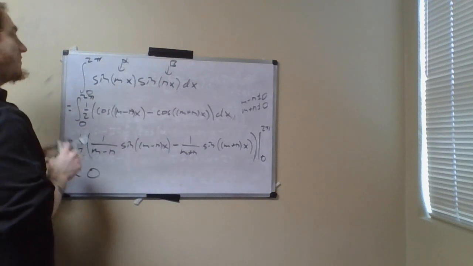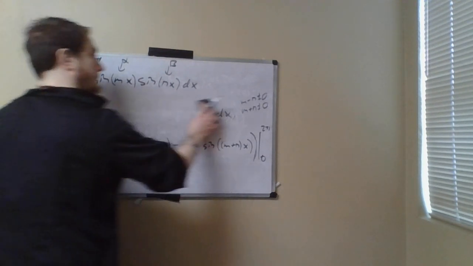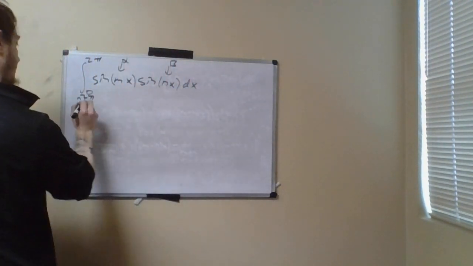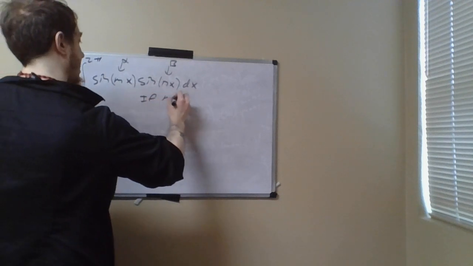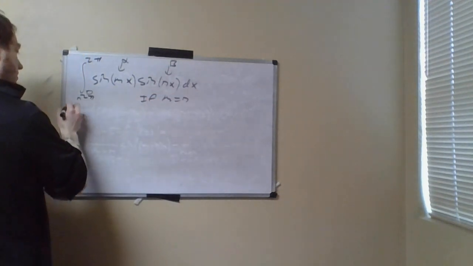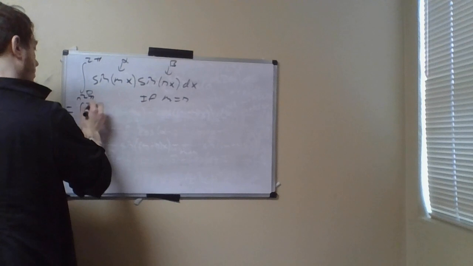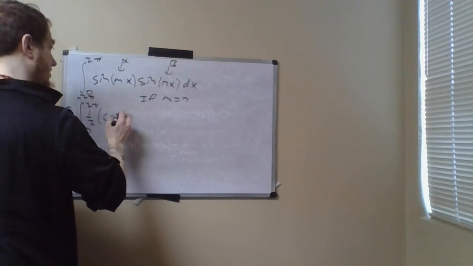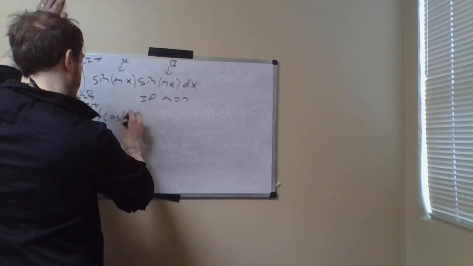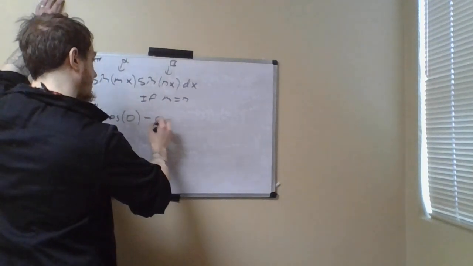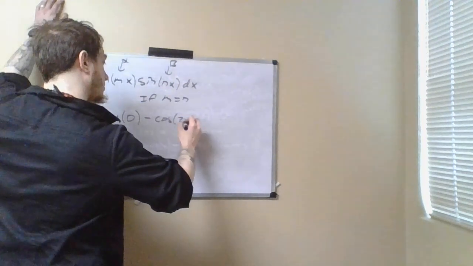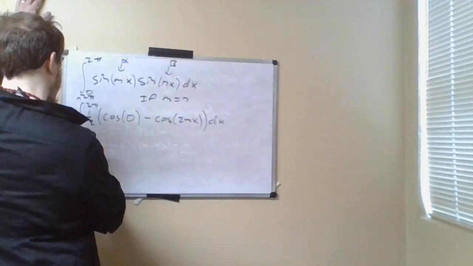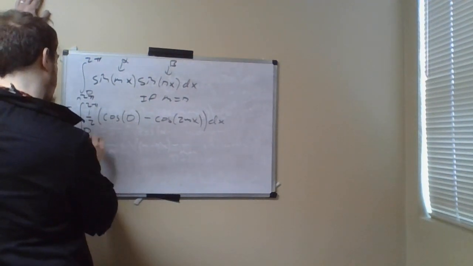On the other hand, if m equals n, why did I erase that? I didn't really want to erase that. If, let's say, m is equal to n, then what we really have is the integral from 0 up to 2 pi, 1/2, and then we're going to have the cosine of 0 minus the cosine of 2mx dx, and this is really just 1.